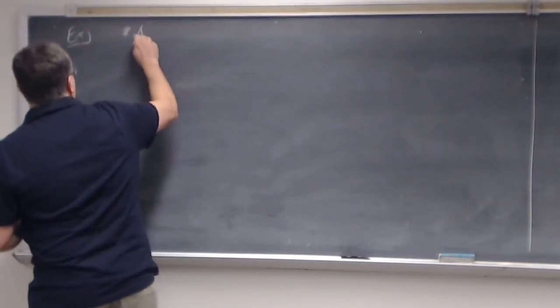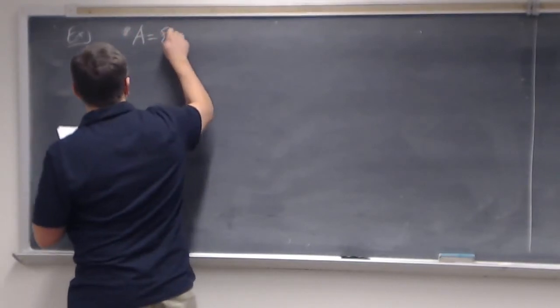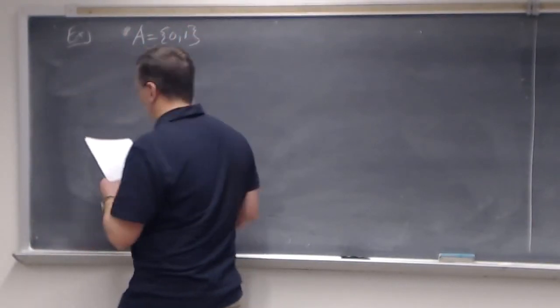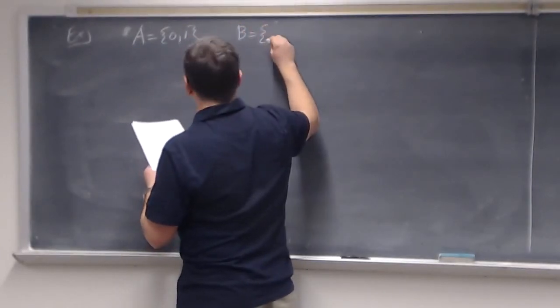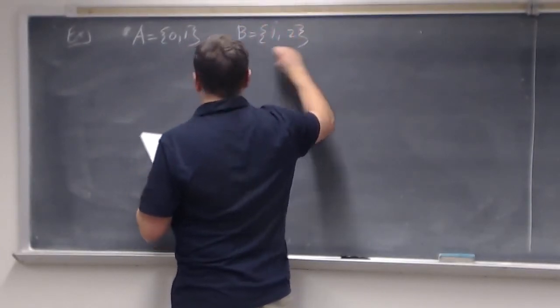Another example. A is a set containing 0 and 1. B is a set containing 1 and 2.